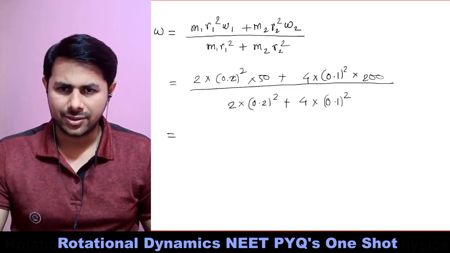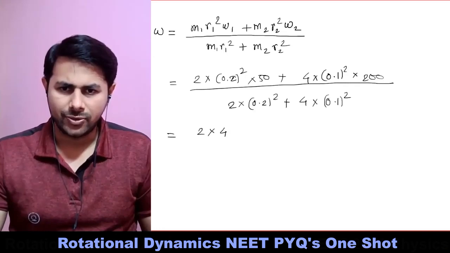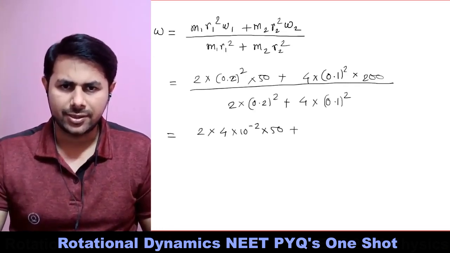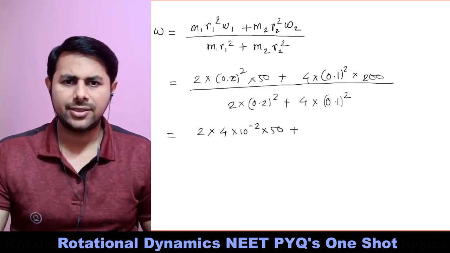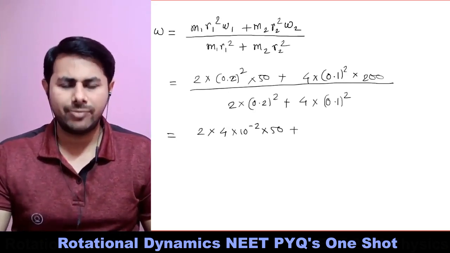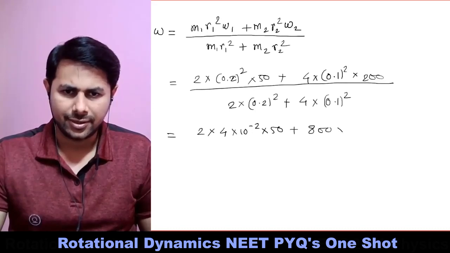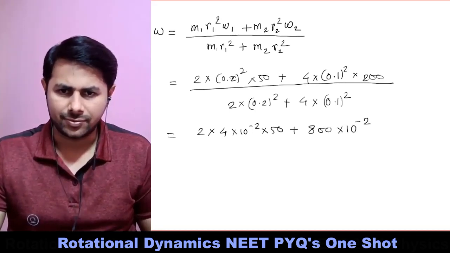So this is 4 multiplied by 50. So 4 into 10 raised to minus 2 multiplied by 50 plus this thing is just 10 raised to minus 2, because 0.1 means 10 raised to minus 1. So 4 times 200 is 800 multiplied by 10 raised to minus 2.